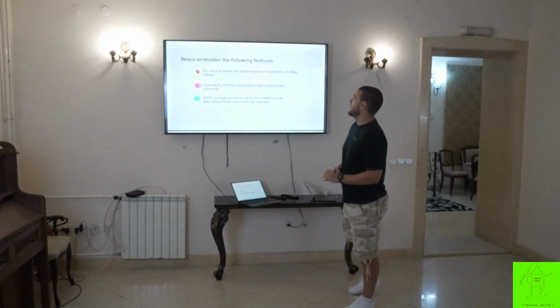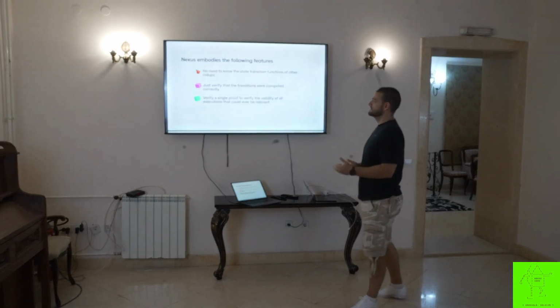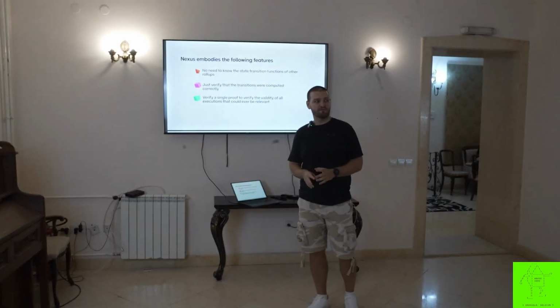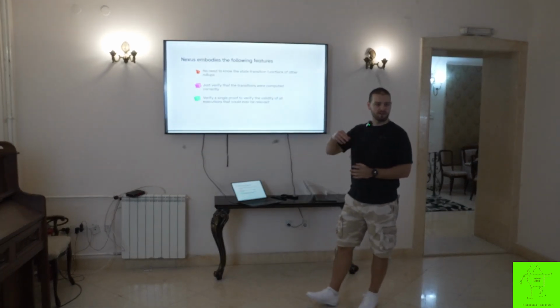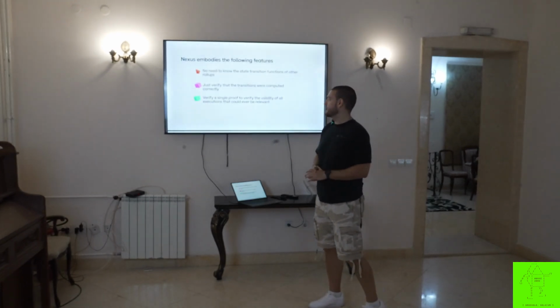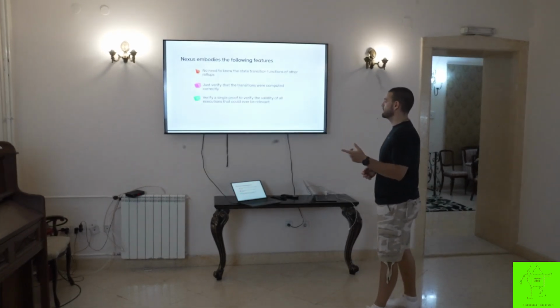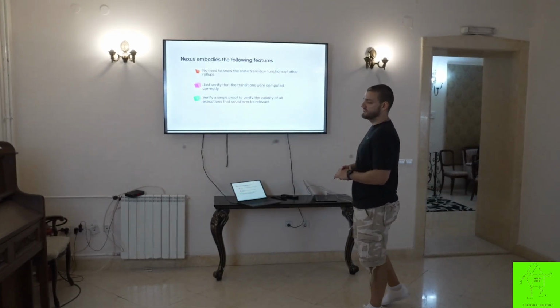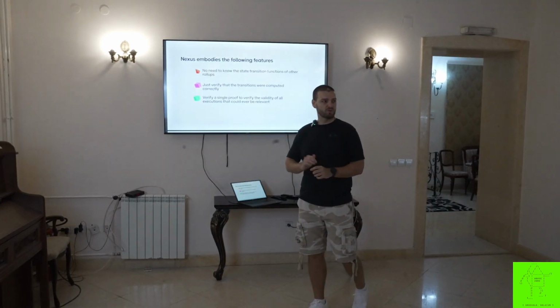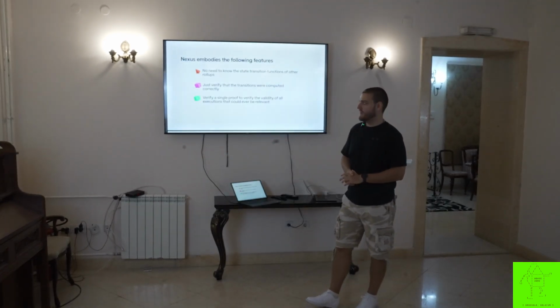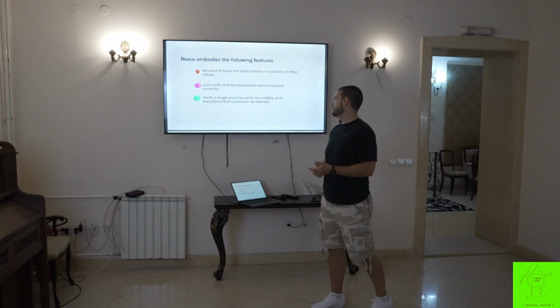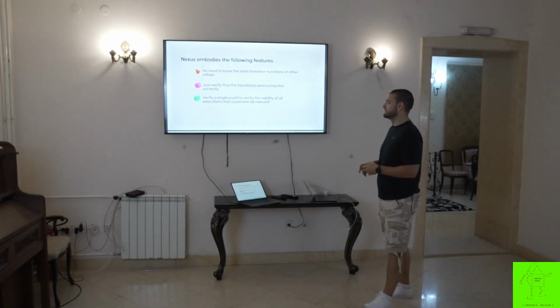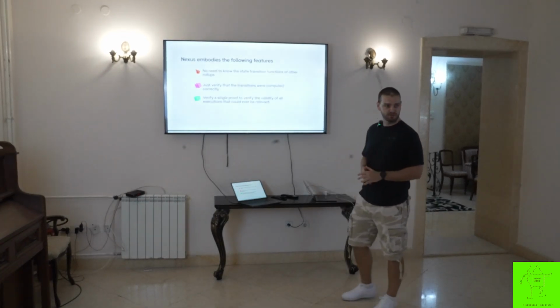The key feature is that L2s that use Nexus will not need to know every state transition of every other L2. All they have to do is verify a single proof that the state transitions of other L2s were computed correctly, validating all of the relevant executions.